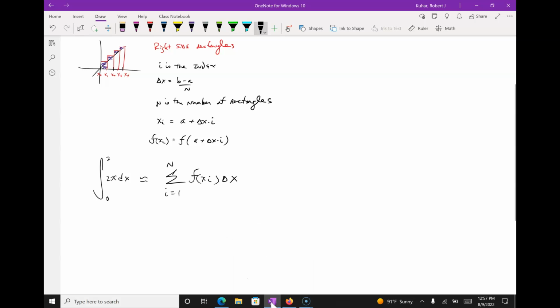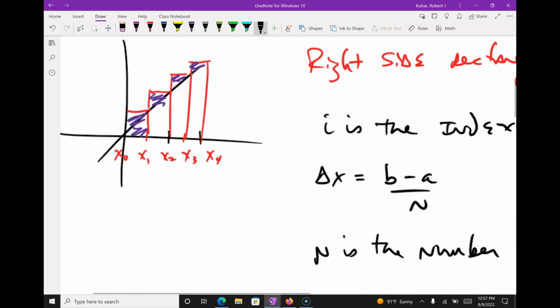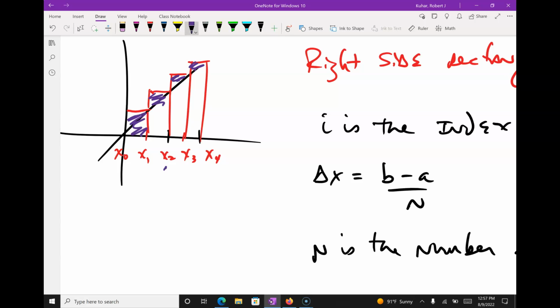What is it? I'm going to use 4 rectangles, so it's 2 minus 0, b minus a, all over the number of rectangles. So 2 over 4 is 1/2. Notice in my picture, the black lines are 1 and 2. The width of each rectangle is 1/2.